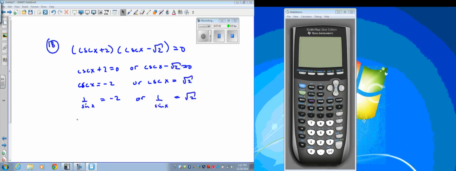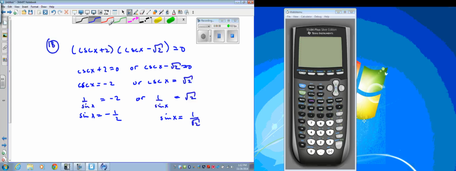Negative 1/2. And this would be sine x equals 1 over the square root of 2, which is, if you rationalize the denominator, square root of 2 over square root of 2. So this is the same thing as square root of 2 over 2.